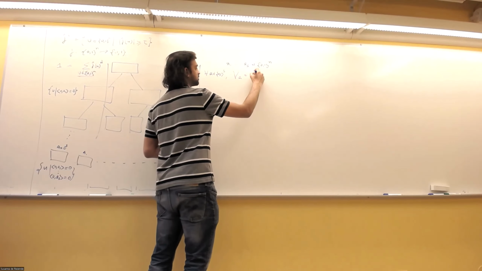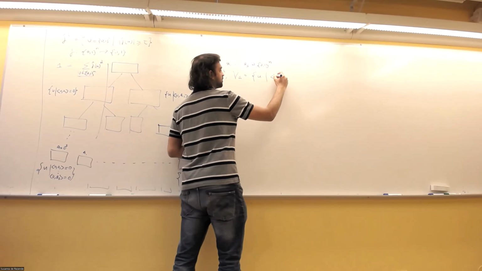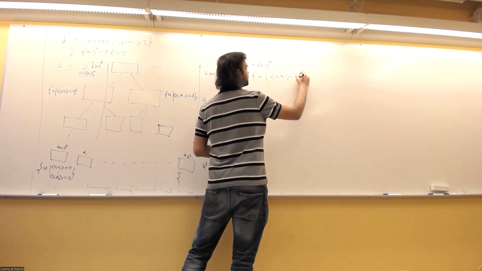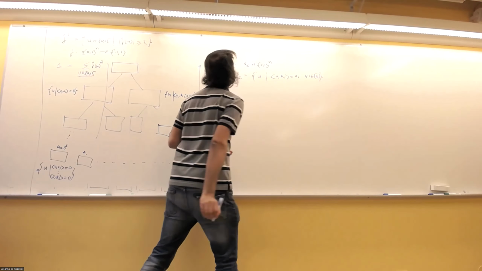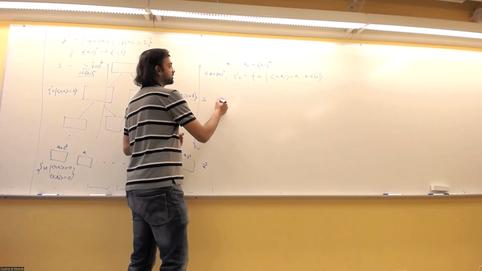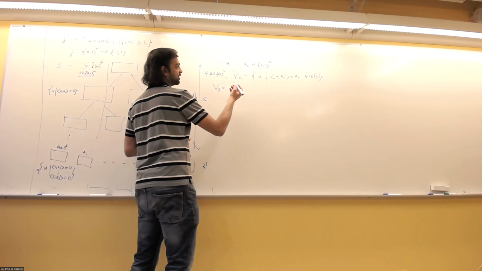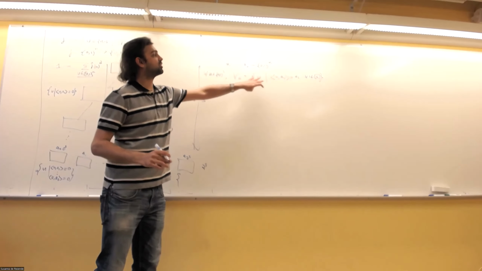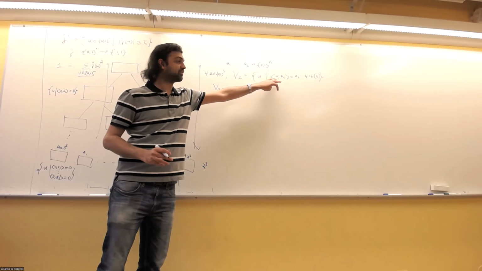VA is the set of all u such that u comma ri is ai for all i in s. And in particular, define V naught as the set where the dot product of u comma ri is 0 for every u in that set.